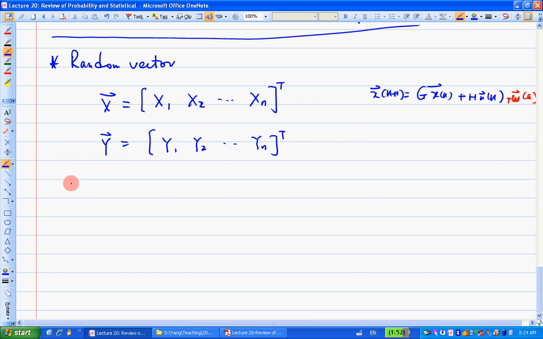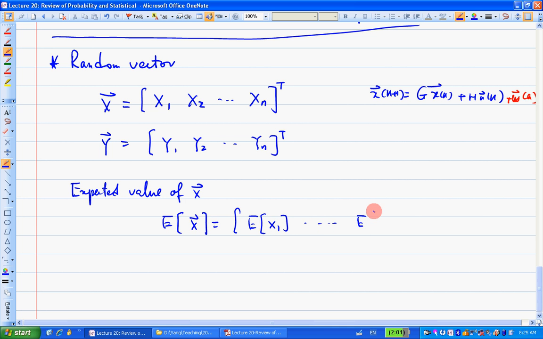So first of all, the expected value of this x would be E of x. Basically the expected value of this whole chunk, and that's equal to the expected value of x1 up to the expected value of xn. And that's another vector here.